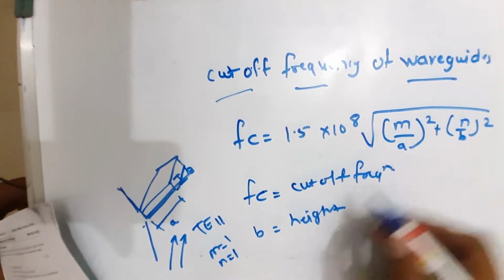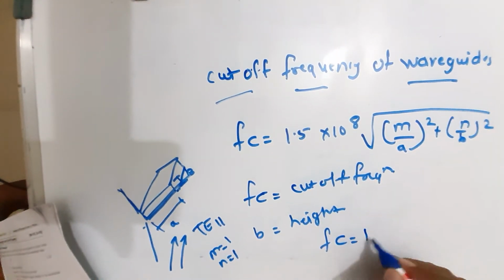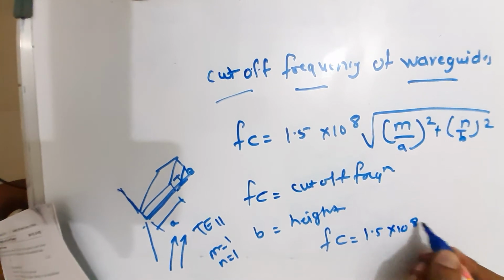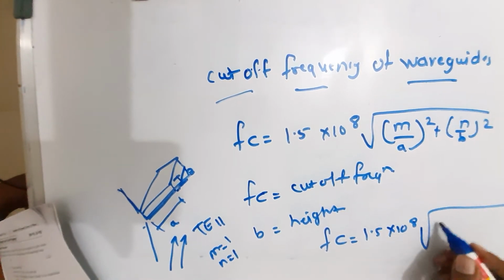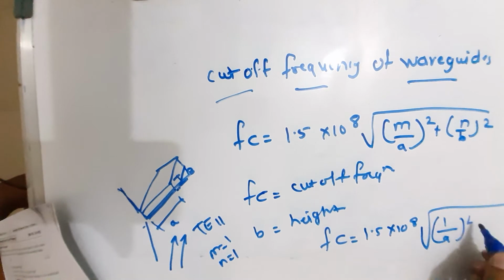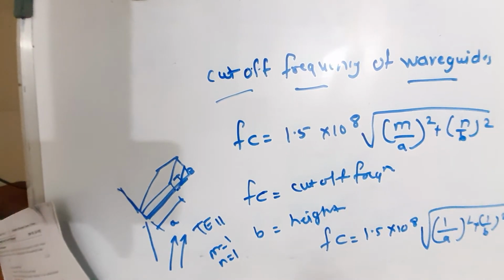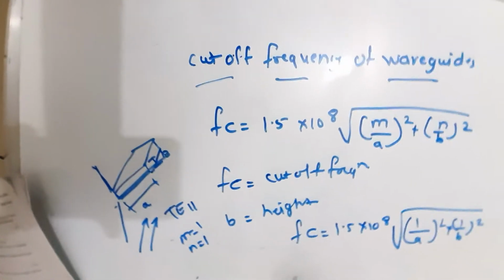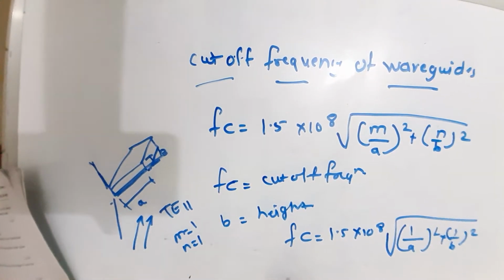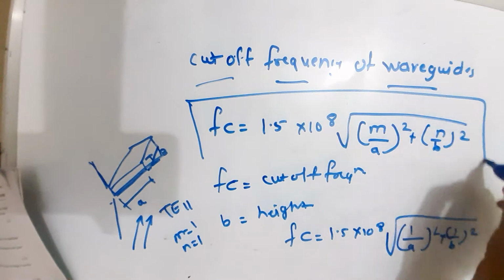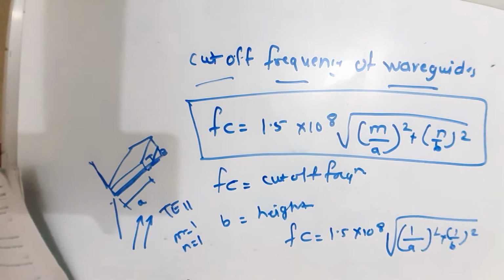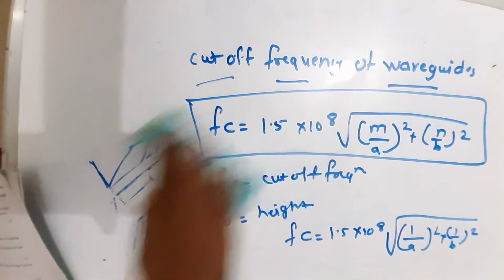We have to put this in the formula. Fc equals 1.5 into 10 raised to 8 under root of 1 divided by a square plus 1 divided by b square. You have to remember this formula, and we will solve one or two or three problems on this.